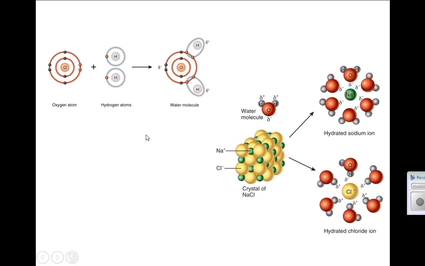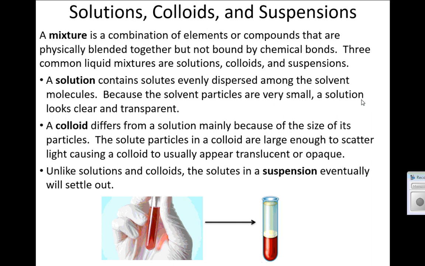If it comes into contact with something that is also polar, like sodium ions and chloride ions in a cluster of salts, it's going to break those ionic bonds because those ions will get surrounded by water molecules. And that illustrates how things dissociate, which we'll talk about here in a minute.